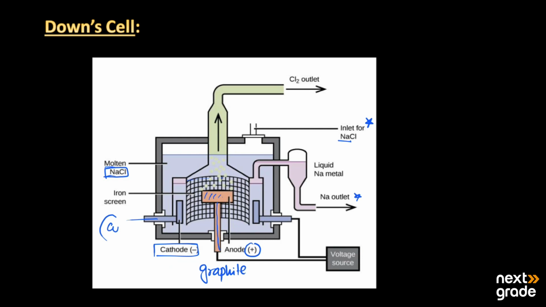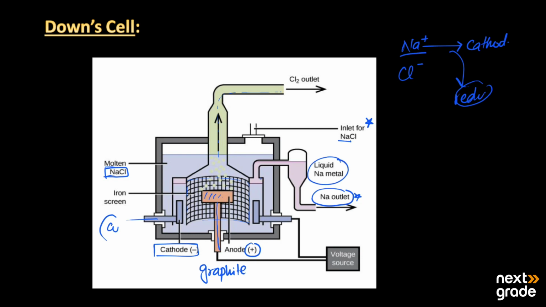And below there we have the iron screen and the upper dome for the collection of the chlorine gas. As we add the sodium chloride, the sodium changes into positive ions and the chlorine is present as negative ions. As the sodium moves towards the cathode, it gains the electron and undergoes reduction, and we gain the sodium in the molten or liquid state.